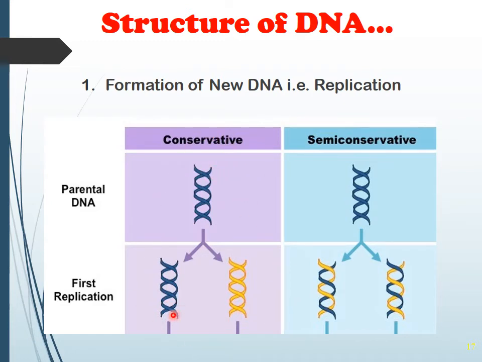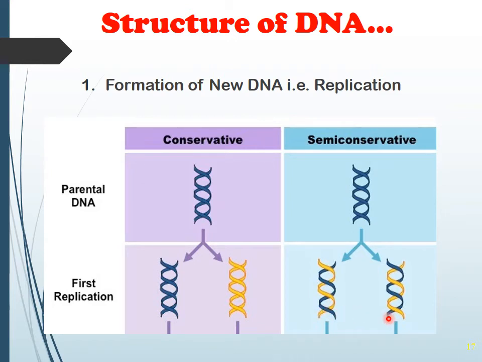Now let's go to the semi-conservative. This is your older strand, correct? Once these 2 strands get separated, a new strand will be formed opposite to them. Once these blue strands separate, opposite to them the second, yellow new strand is formed.